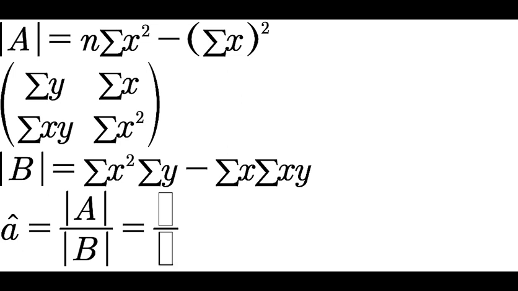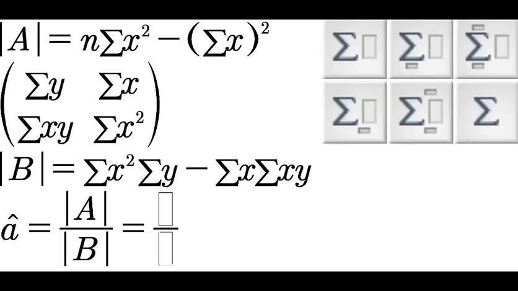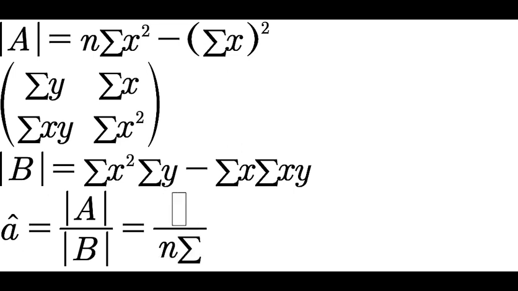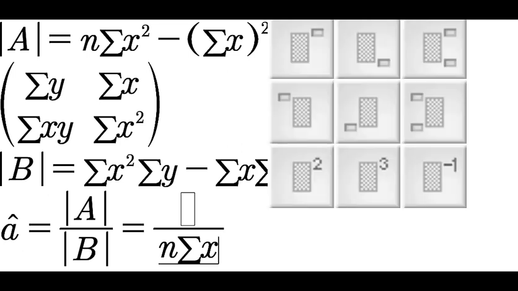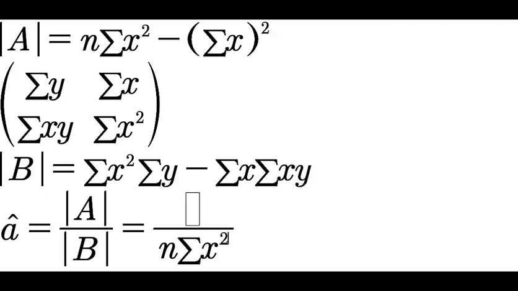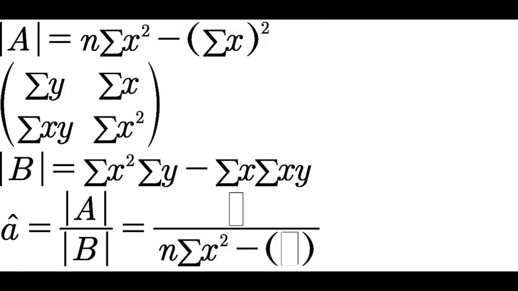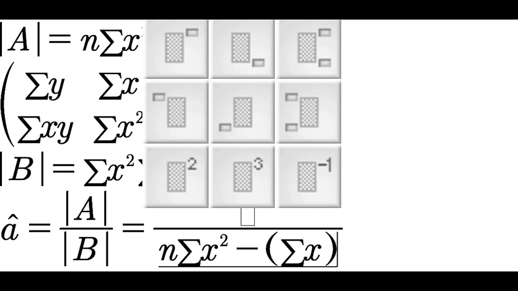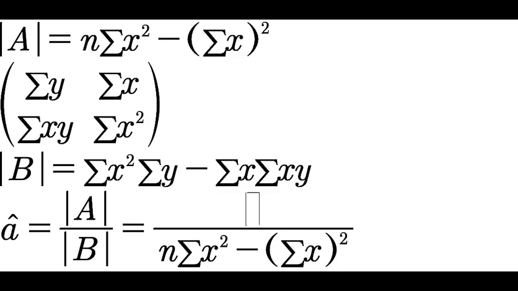So from the divisor we have n summation x squared minus summation x all squared. That becomes our divisor.